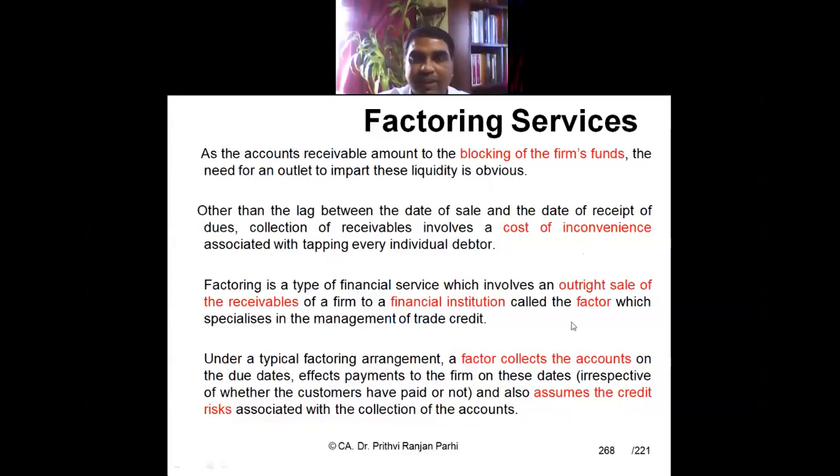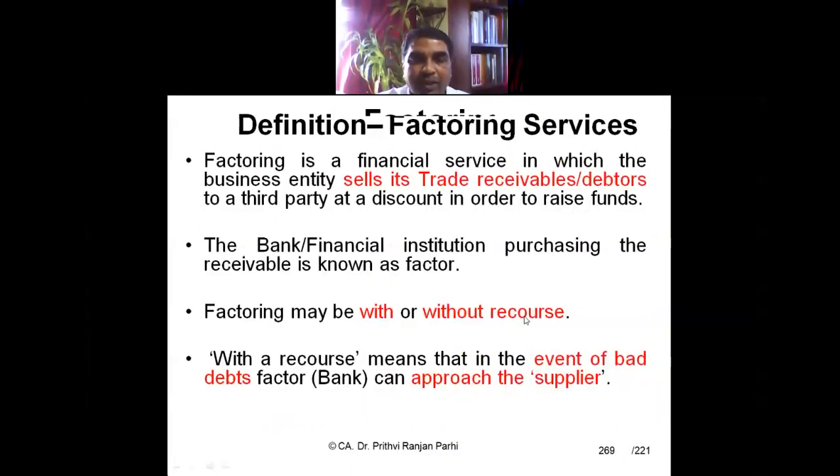So it is a kind of service through which debtors are outrightly sold to a company called the factor. The factor collects the receivables on the due date. It also assumes the credit risk associated with the collection of the account. Various types of factoring we will also understand. Here the trade debts or trade receivables are sold.